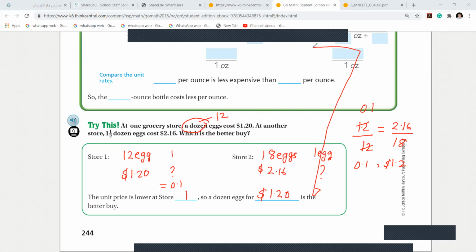Okay, now clear this. Miss, I have a question. If the other store has 18 eggs, how can we know when it's more eggs? How can we compare them? With 18 and 12, I cannot compare. I compare only when I get the price for one egg.